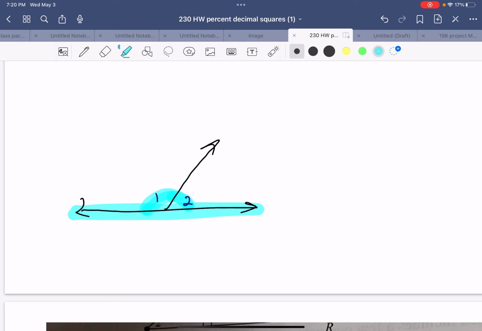Together they make this straight line. Well, a straight line is 180 degrees. So that tells me that angle 1 plus the measure of angle 2 has to be 180 degrees. So anytime I'm looking at a figure, I can look for two angles, and typically they are an interior and an exterior angle together, typically form 180 degrees. I can use this to figure out my angles.